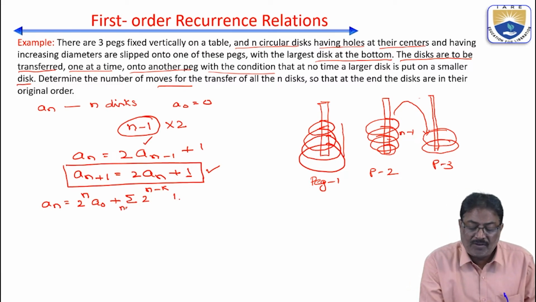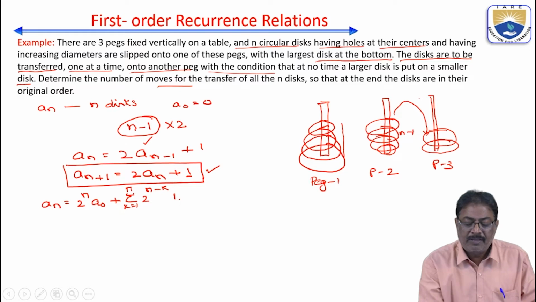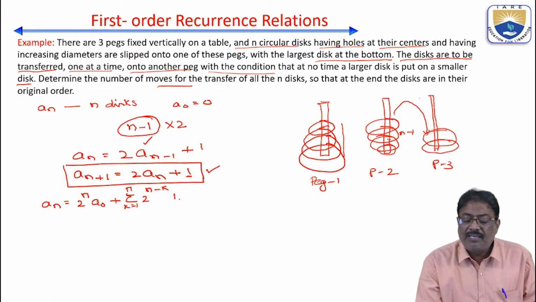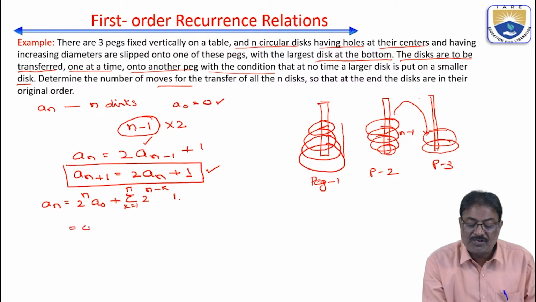So k is equal to 1 to n. I am just taking k is equal to 1 to n. Now initially there is no movement, so a naught is equal to 0, and this term will become 0.